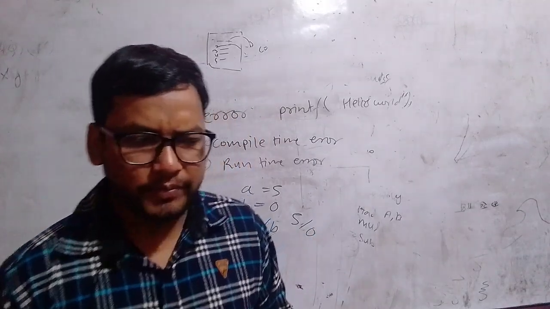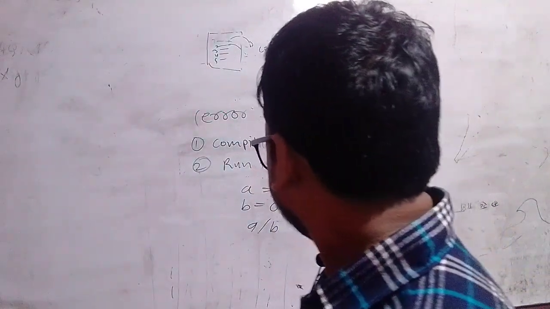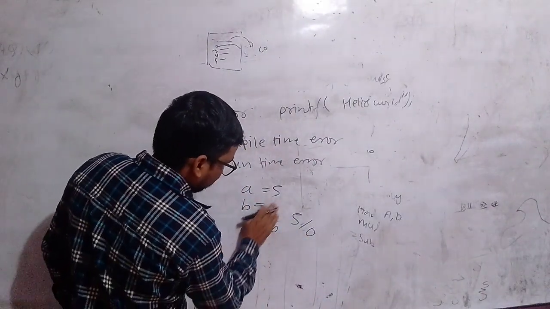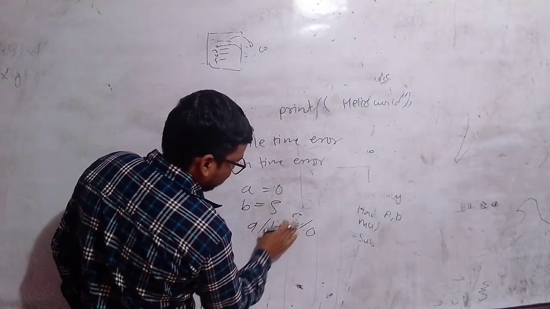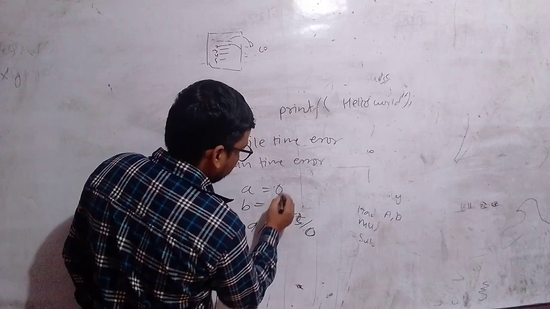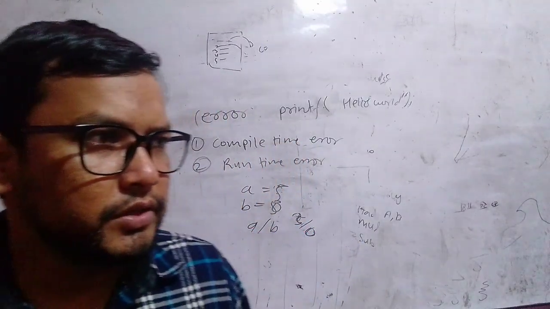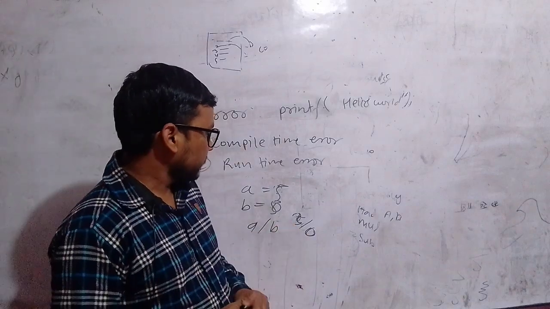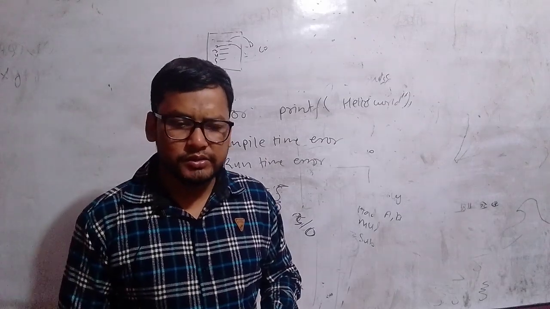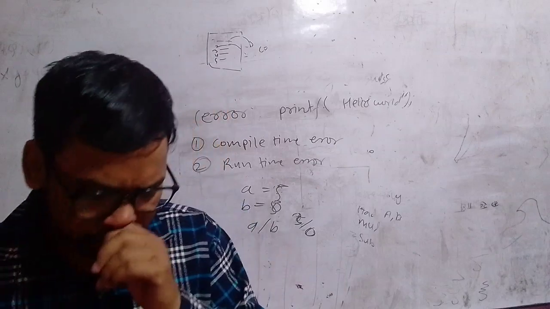This is the indeterminate form; we cannot determine its solution, because we cannot divide any number by 0. There are lots of indeterminate forms whose solutions do not exist in mathematics. If we encounter such an error, it is called a runtime error.